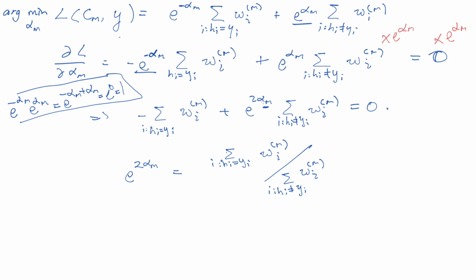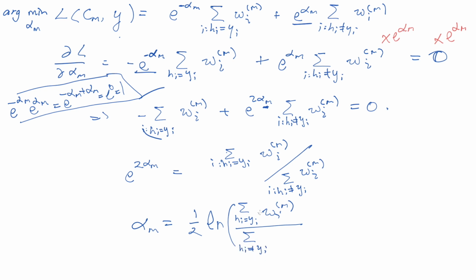So I'm moving this guy to the other side, and then I'm dividing by this guy, and I get this expression. If I take the logarithm of both sides and then divide by 2, I'll get alpha m is equal to half times the natural logarithm of the ratio of the weighted sum of points where I'm not making a mistake divided by the points where I am making a mistake.